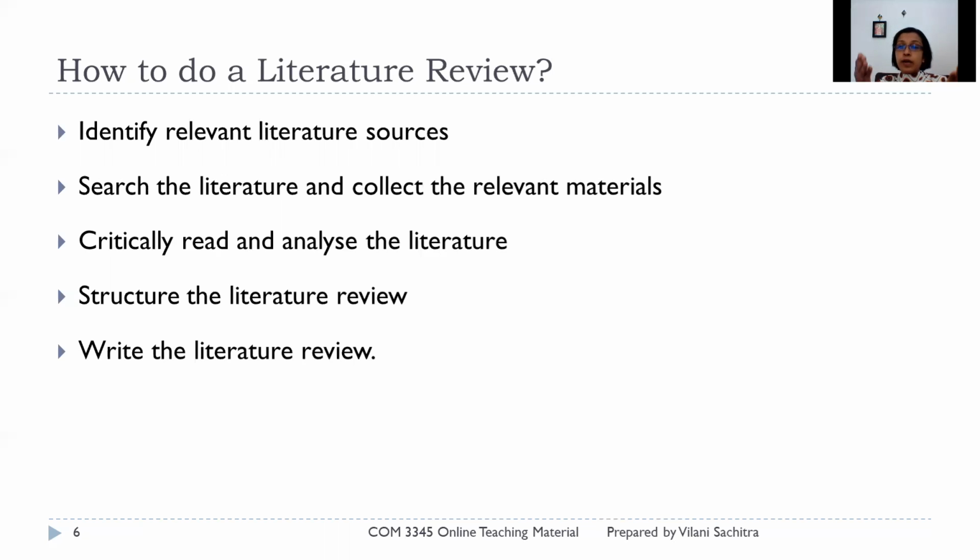So based on that, you raise the gaps, and based on the gaps, you raise your research problem, right? So based on your research problem, you construct your research objectives, aligned with your research questions. Okay, so this is the way we do the literature review. That is the meaning of literature review, right?